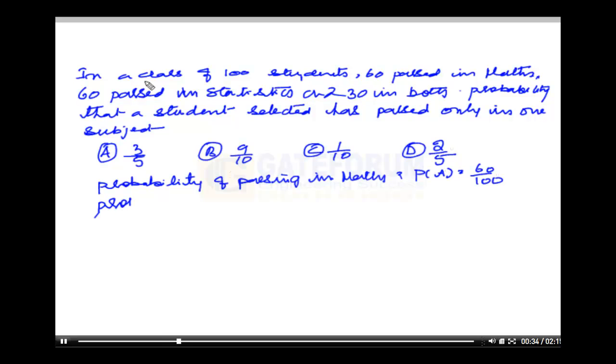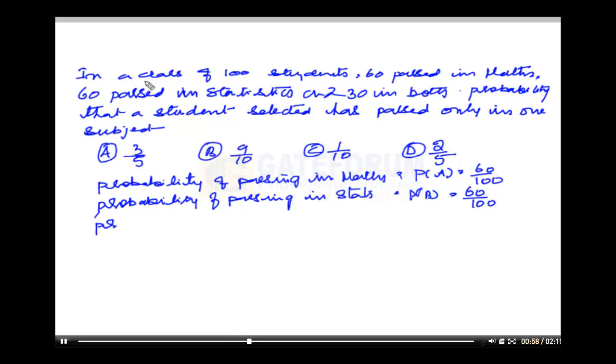Similarly, the probability of passing in stats is PB, equivalent to 60 by again 100.